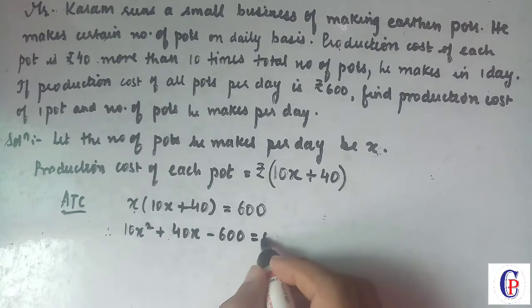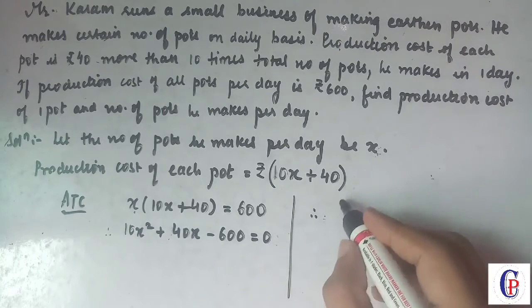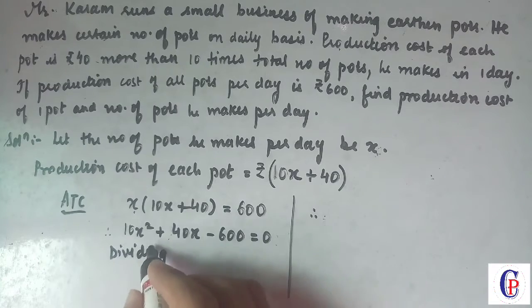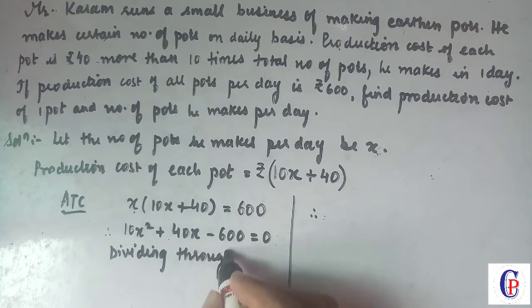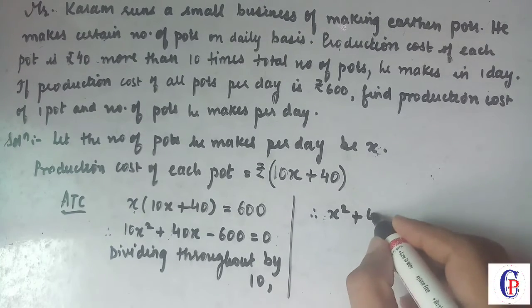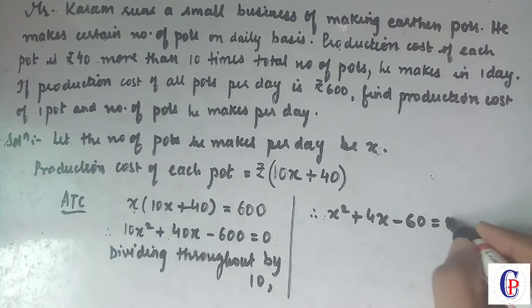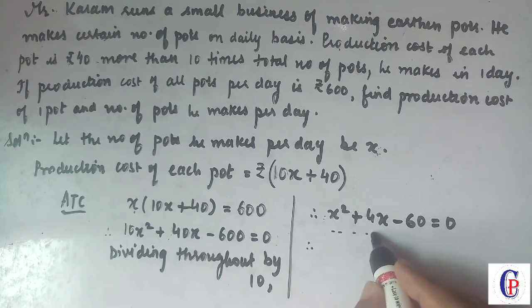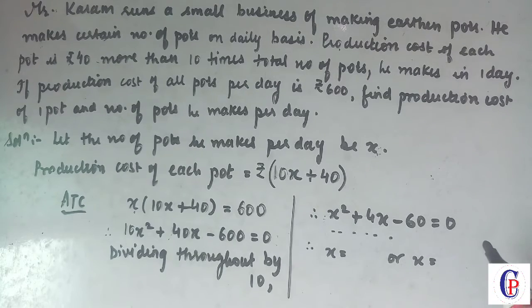So just open the brackets, so we get 10x square plus 40x, and the 600 will come to the left side. Dividing throughout by 10, what we will get? x square plus 4x minus 60. So we need to take the factors of this, and by solving this you will get the values of x.